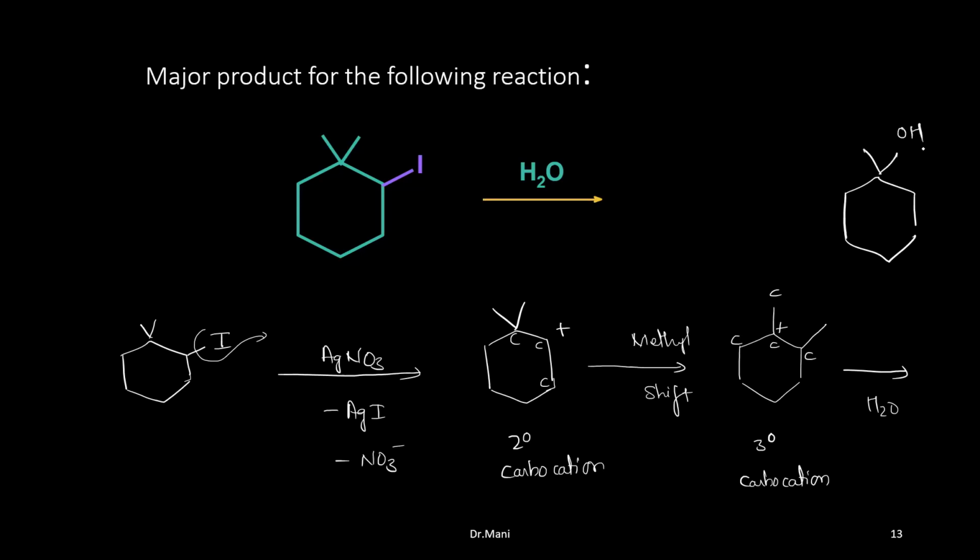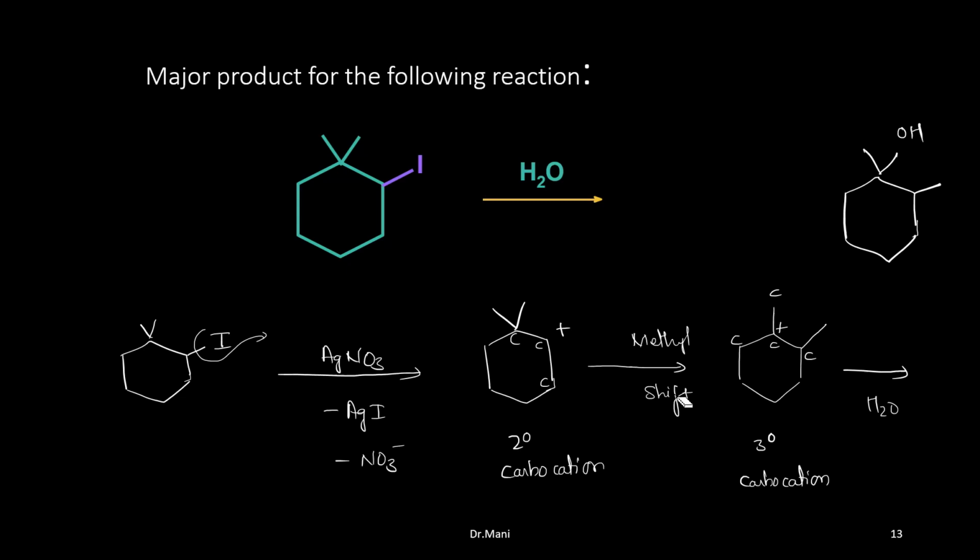We know the order as well: the SN1 reaction will proceed on the tertiary carbon, so tertiary carbon is favorable for it. Otherwise, the OH group could attach at the secondary carbon, but the secondary carbon is not as stable as the tertiary. So tertiary is more favorable compared to secondary.